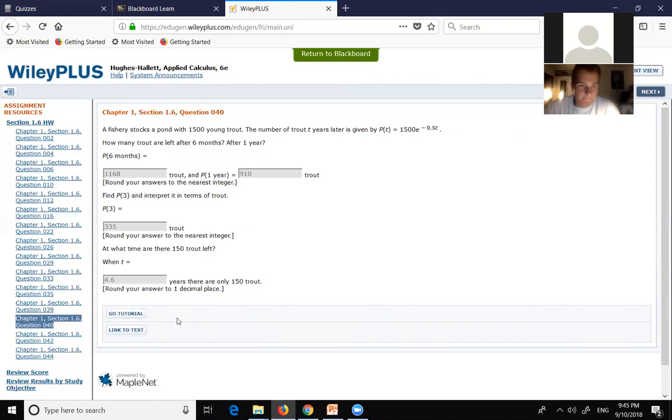Okay, let me see here. So P of T equals this function here. So P of 6 months, you're just going to plug in 6 for T. And then the value should be this one.